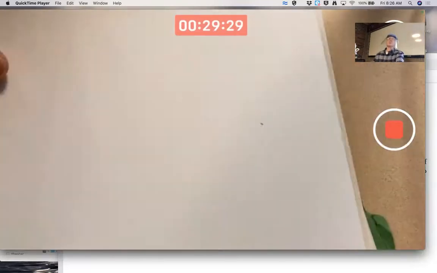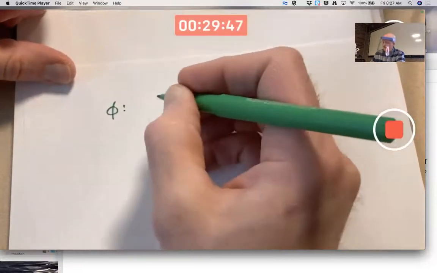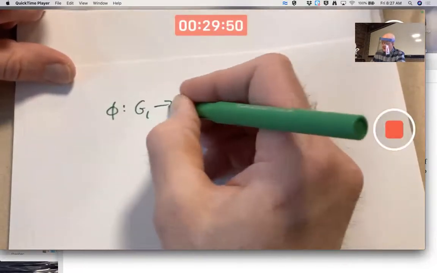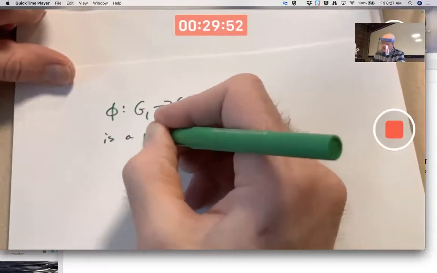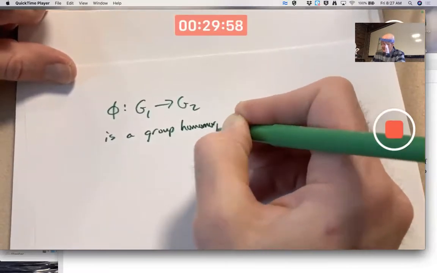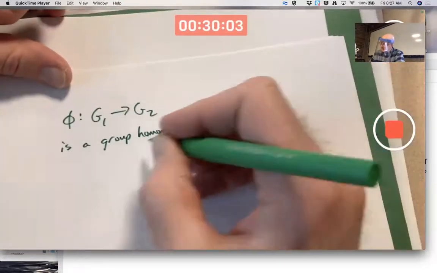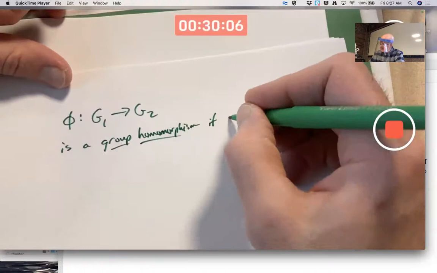What's a group homomorphism? A group homomorphism is a function from a group to another group that is operation preserving, but not necessarily one-to-one and not necessarily onto. Phi going from G1 to G2 is a group homomorphism if, this is a definition, it's operation preserving.